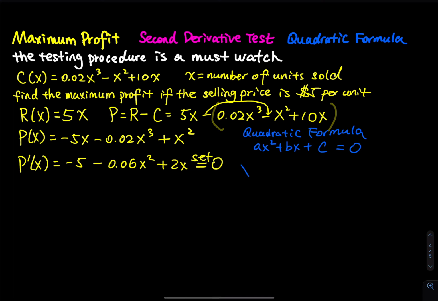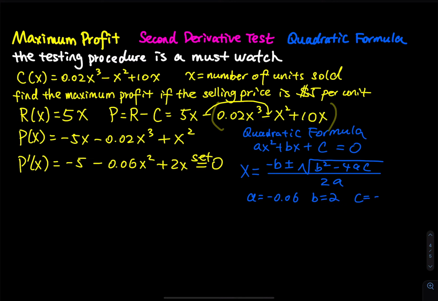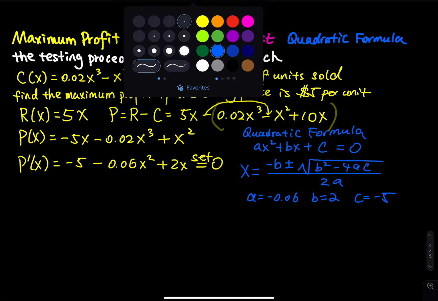So x equals negative b plus or minus the square root of b squared minus 4ac, divided by 2a. And then what are a, b, and c? So a equals negative 0.06, b equals 2, and c equals negative 5.